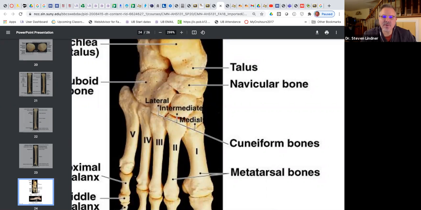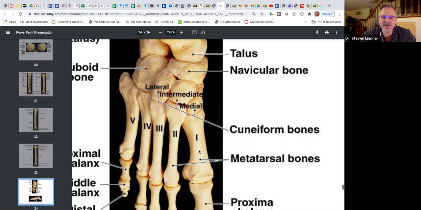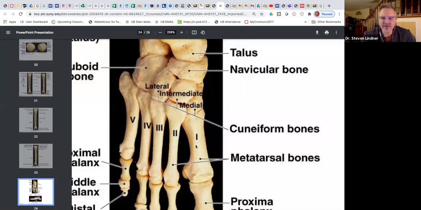And they are called the medial, intermediate, and lateral cuneiform. Sometimes in some books, they also call it cuneiform 1, cuneiform 2, cuneiform 3. How are they named 1, 2, and 3? Well, they're named after the metatarsal bone that they articulate with. Metatarsal 1, metatarsal 2, and metatarsal 3.